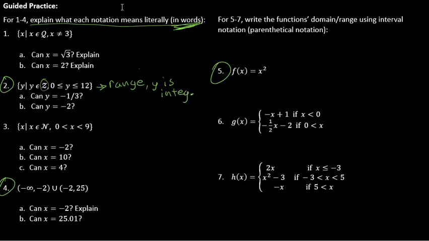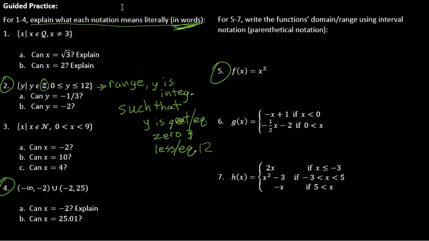That's what this little z stands for. y is a part of the set of integers such that y is greater than or equal to 0 and less than or equal to 12. So that's pretty straightforward.